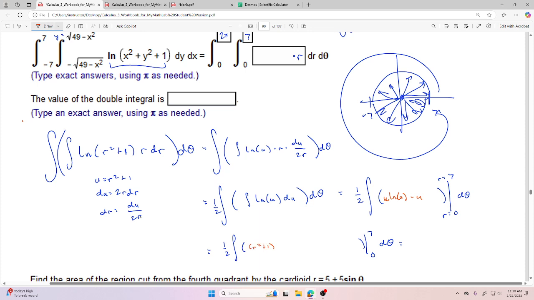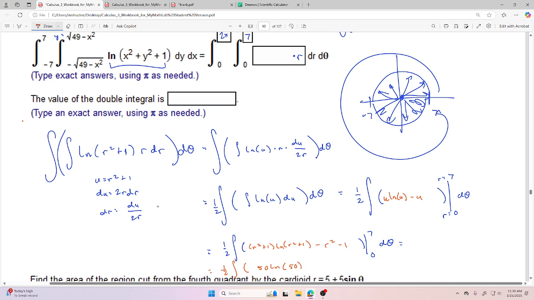R squared plus 1 ln r squared plus 1 minus r squared minus 1, since I distribute. I'm going to just do some of this math. 7 squared is 49, so we got a 50. ln of 50. What?